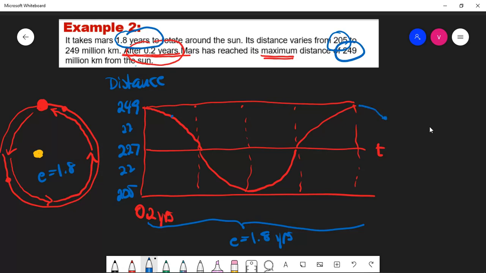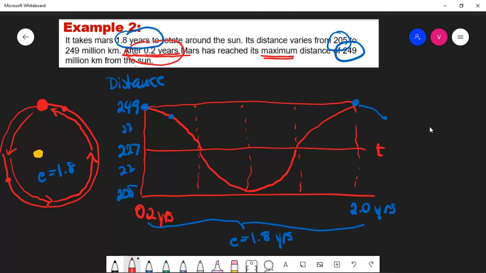You are looking at a nice cosine wave that starts at a max and ends at a max. 0.2 years is when it's at the max. And then 1.8 years later, it will be at 0.2 plus 1.8, which is 2 years.